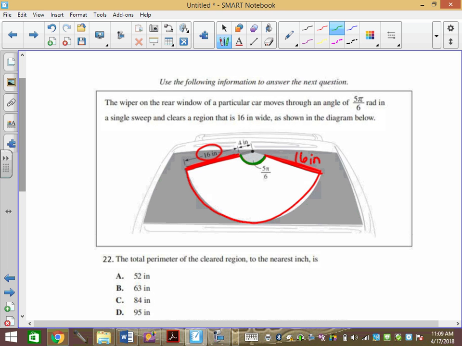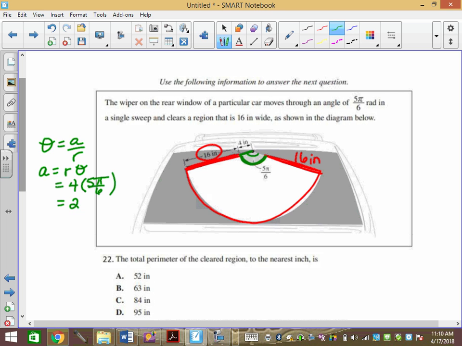How can I get this arc? Theta equals A over R. Here's my radius. Here's my arc. Here's my angle that I have. So I need to find the arc. So theta equals A over R, so A equals R theta. The radius is 4, and theta is 5 pi over 6.